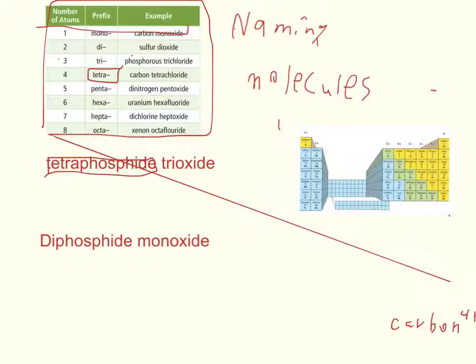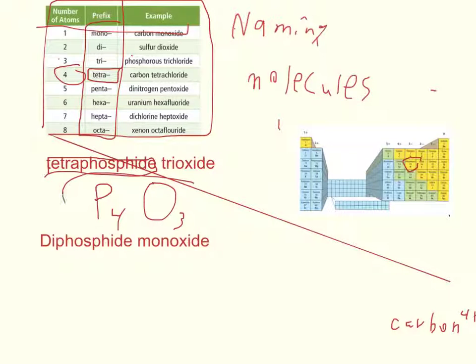We still have to look at the symbol for phosphorus, and it's P. So P, and then we go to 4 right there: P4. And trioxide is obviously oxygen again, and that would have 3. This is really easy as long as you know the prefix right here. So that's our final answer.